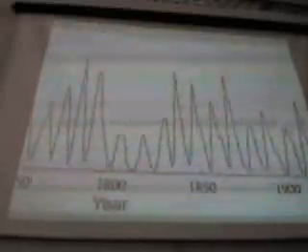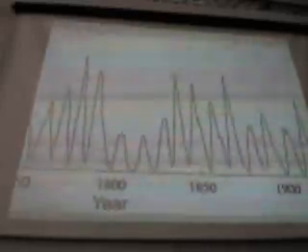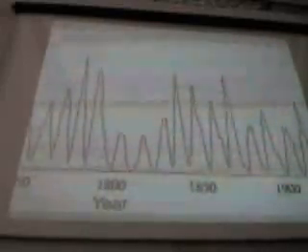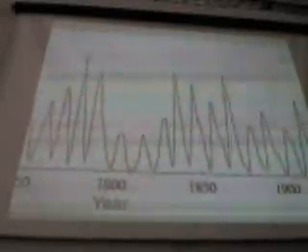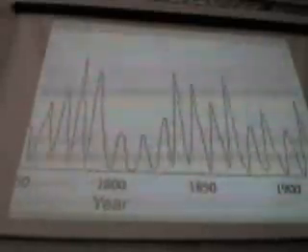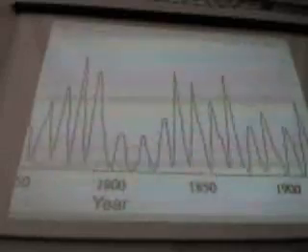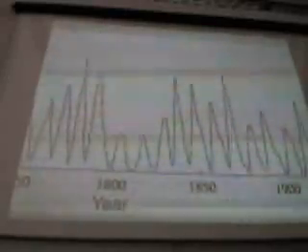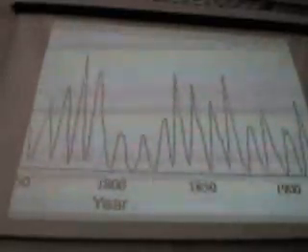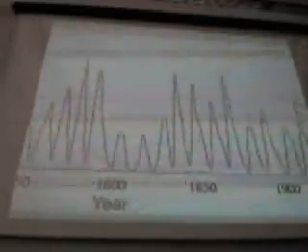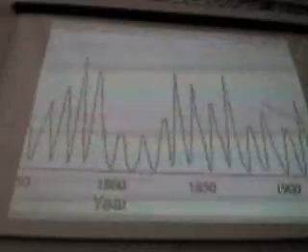Actually, there is a weak anticorrelation between the period of a cycle and the strength. The weaker cycle has a longer period, and the stronger cycle has a shorter period. So if a cycle is strong, then the decay rate is almost independent.